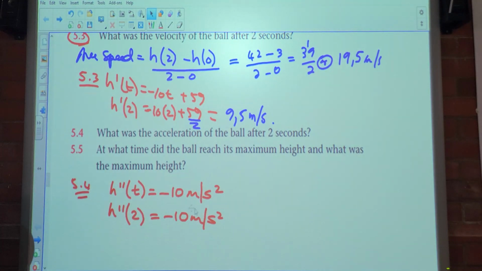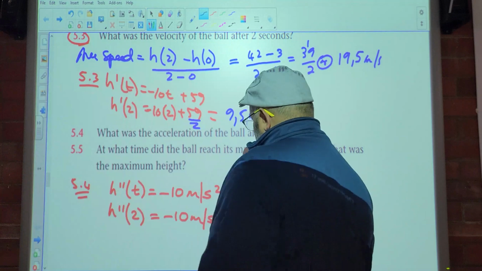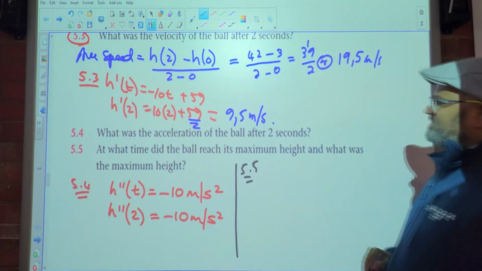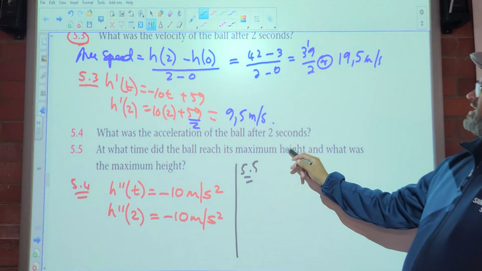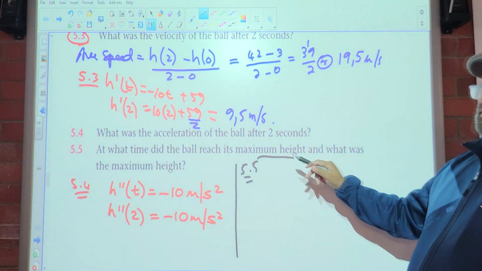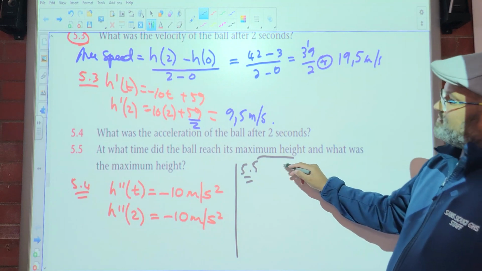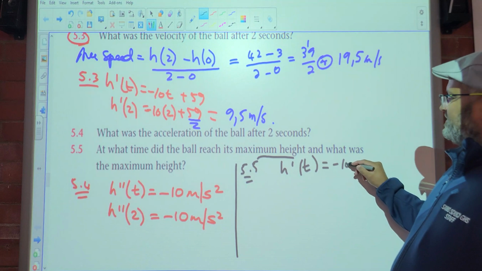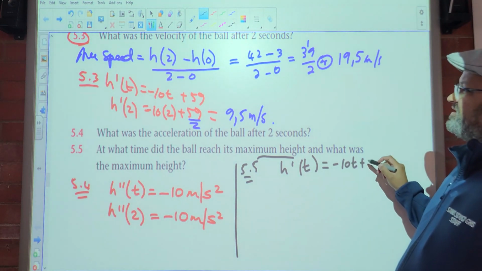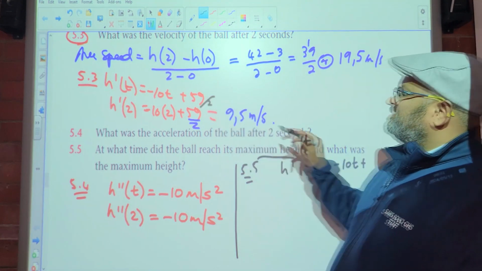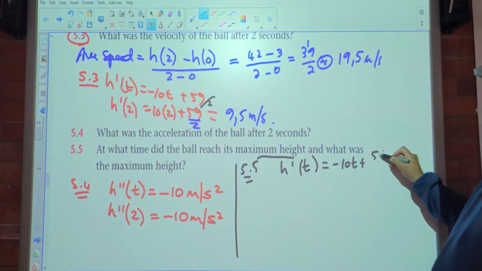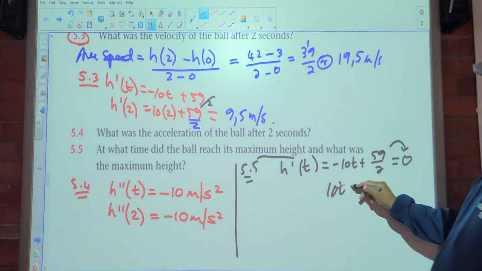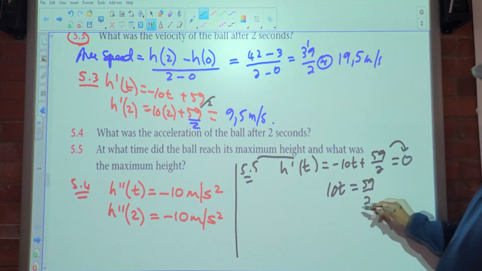Right, let's look at 5.5. The question says, at what time did the ball reach a maximum height? So for the maximum height, you take your first derivative and set it equal to 0. So h prime of t is equal to negative 10t plus 59 over 2. Is that correct? And we set that equal to 0. We take it over the equal sign, so 10t is equal to 59 over 2.